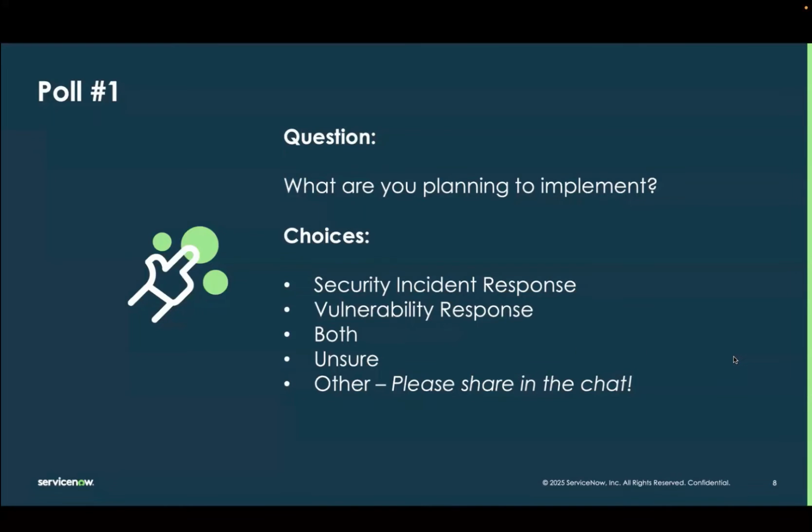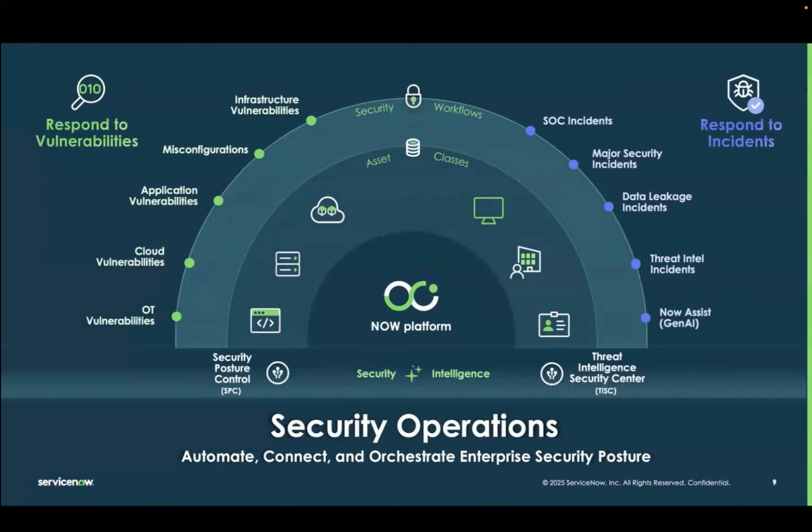All right, moving right along. So, high level overview of what security operations is as a portfolio. So, we have a number of different solutions, and some of you may be quite familiar with them, but essentially they're fitting into kind of two broad areas. And in this diagram here, you'll see one on the left, which is really your unified attack surface management, or you can kind of group that into things like responding to vulnerabilities.